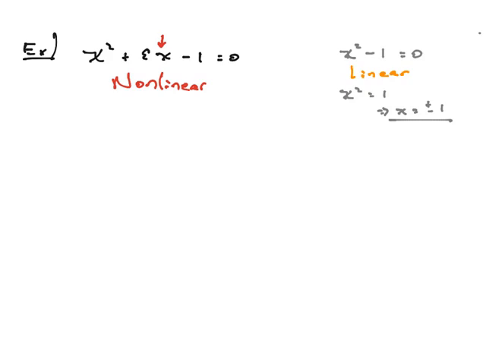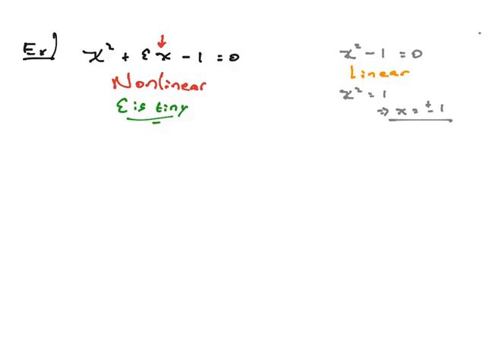But if this epsilon is tiny, very, very small, then what I can say is that my nonlinear equation is almost identical to my linear equation, but there's this small little correction, this small little nonlinearity piece that's going to affect my answer.